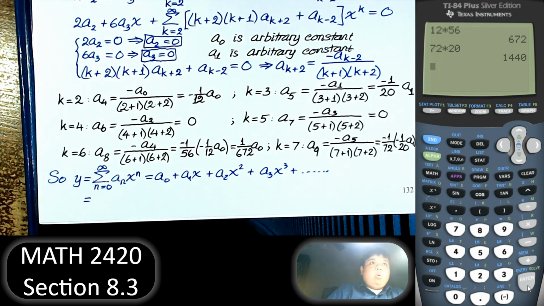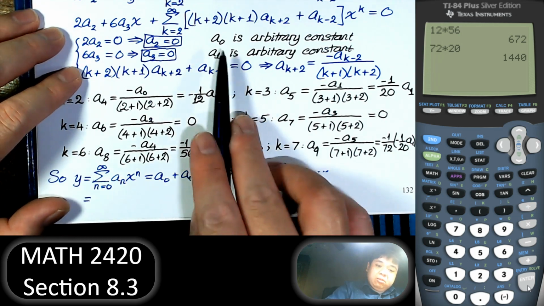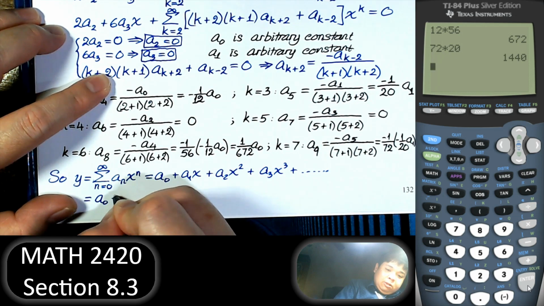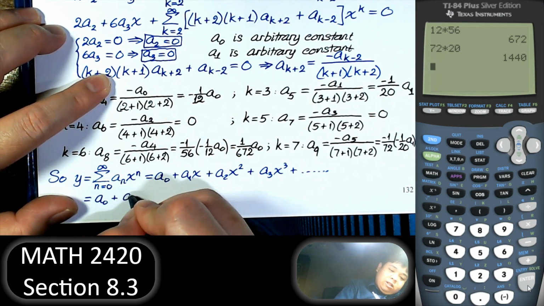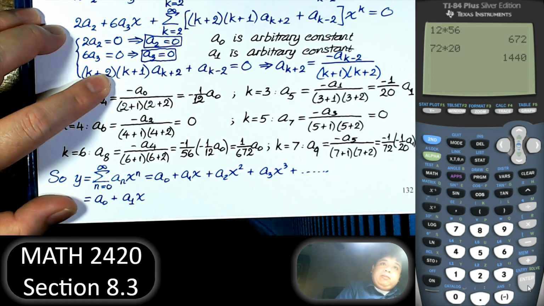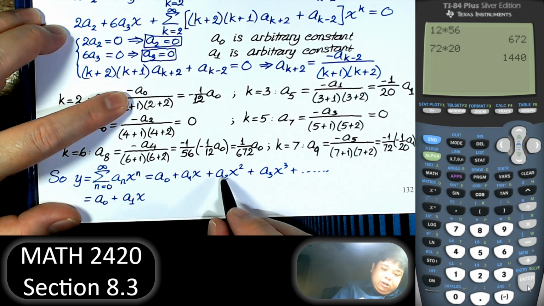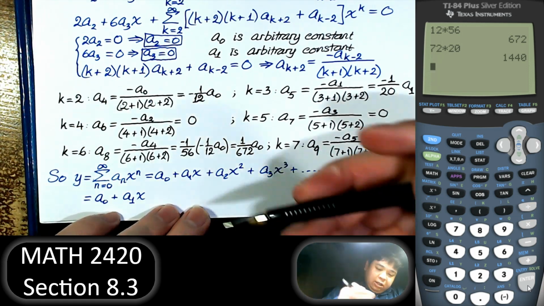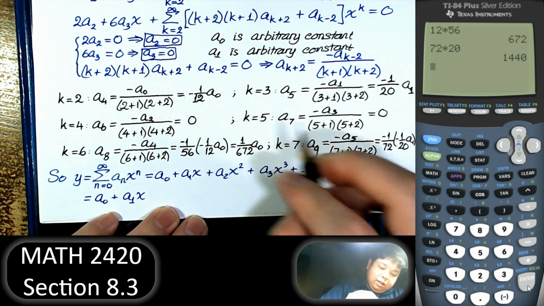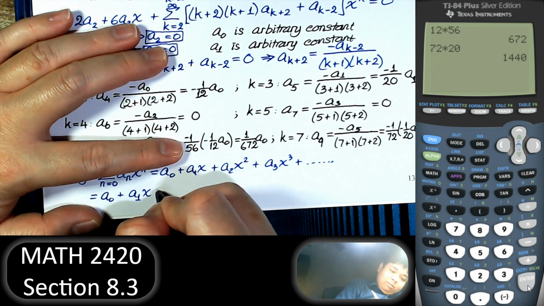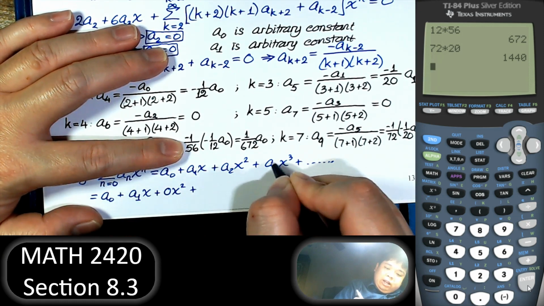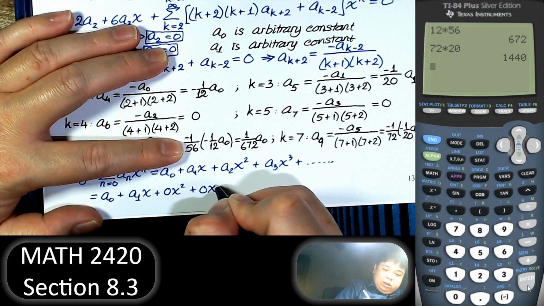So the series, what do we have? A naught, arbitrary constant, can't do anything about that. A1 also a constant. A2 is equal to 0, so this is just going to say 0x squared. For A3, 0x cubed.